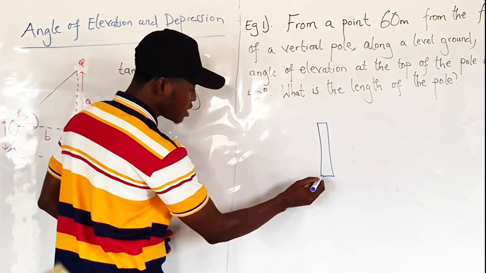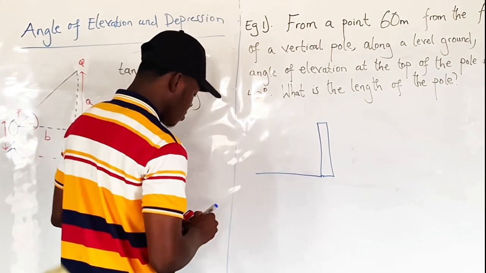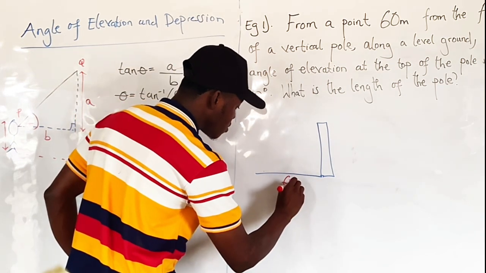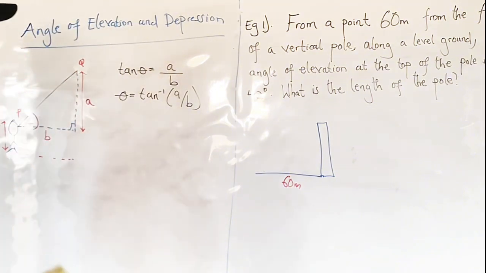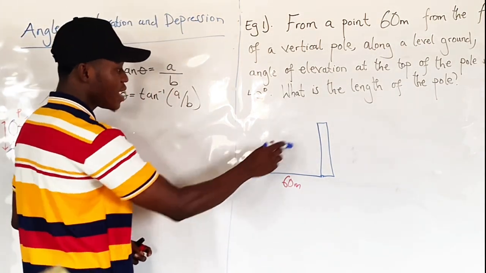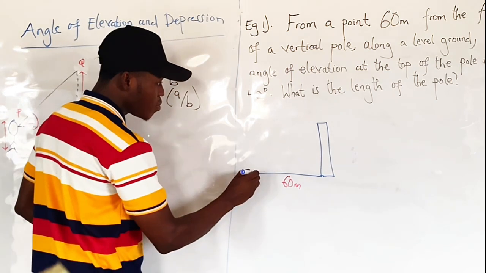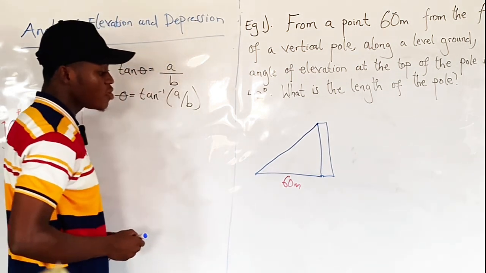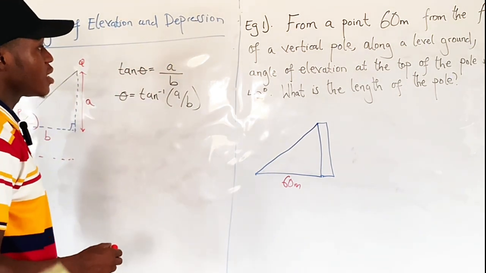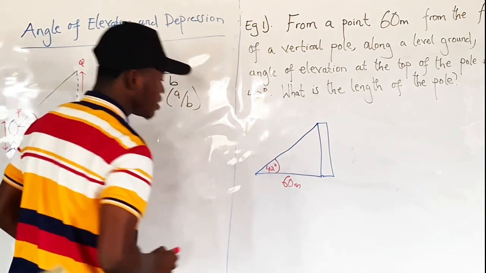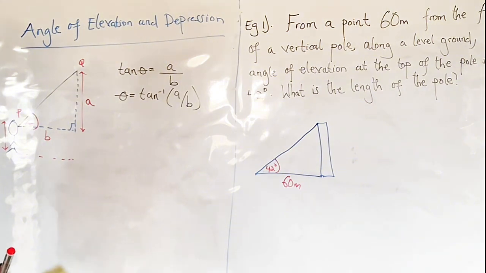From this point, which is 60 meters from the foot of the vertical pole, the angle of elevation of the top of the pole, here is the top of the pole, meaning we are from here and we are observing here. The angle of elevation of the top of the pole is 42 degrees. So my theta here will be 42 degrees, like that. What is the length of the pole?